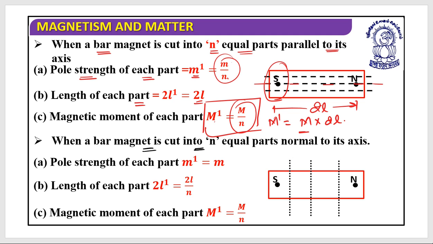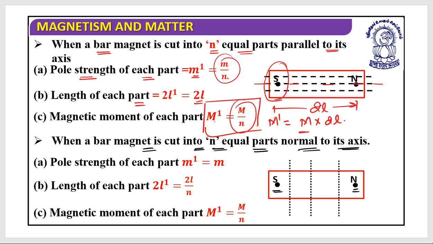Great. Now let's suppose we are doing the next thing, which is a bar magnet cut into n equal parts, but this time normal to its axis. So this is the south pole, this is the north pole, and we have divided this magnet into n equal parts perpendicular to its axis.